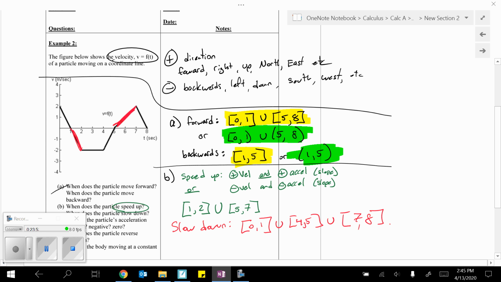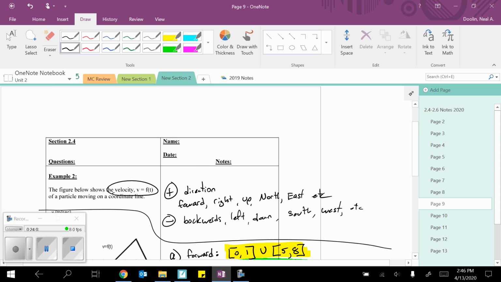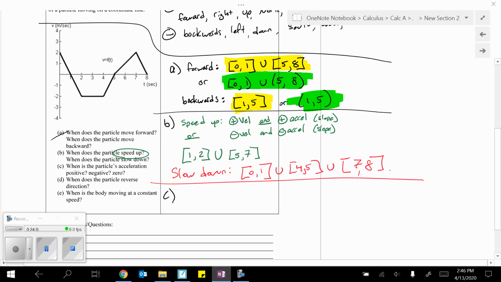What do we have next? When is the particle's acceleration positive, negative, and 0? Okay, so for C. Remember, acceleration, that's the slope of the velocity. So the slope of the velocity is positive, let's say, on, looks like that would just be from 4 up to 7.